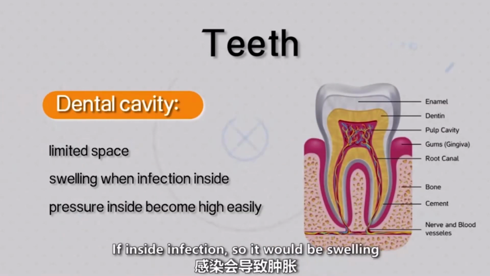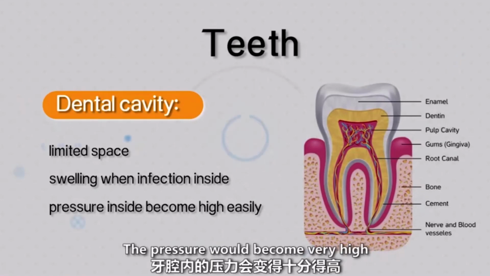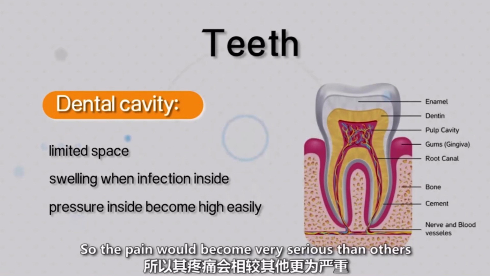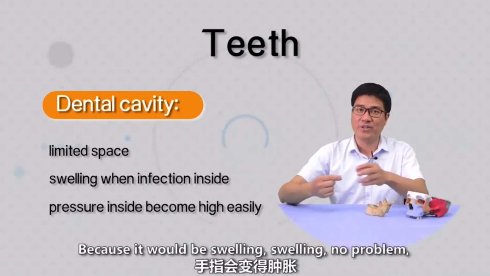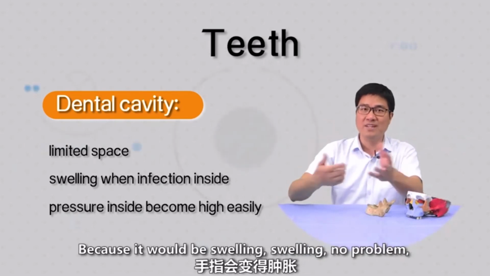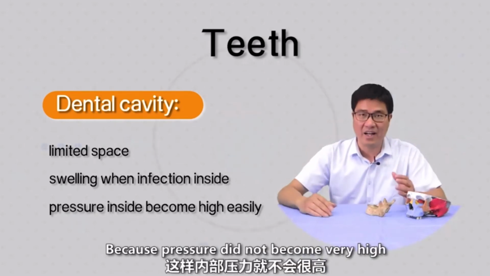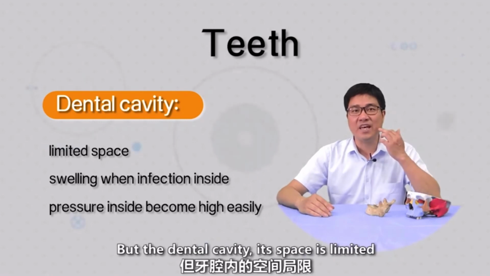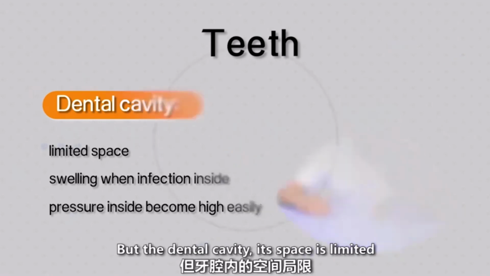If there is infection inside, there would be swelling, but the pressure would become very high. So the pain would become more serious than others. With my finger infection, no problem, because the pressure does not become very high. But the dental cavity space is limited.